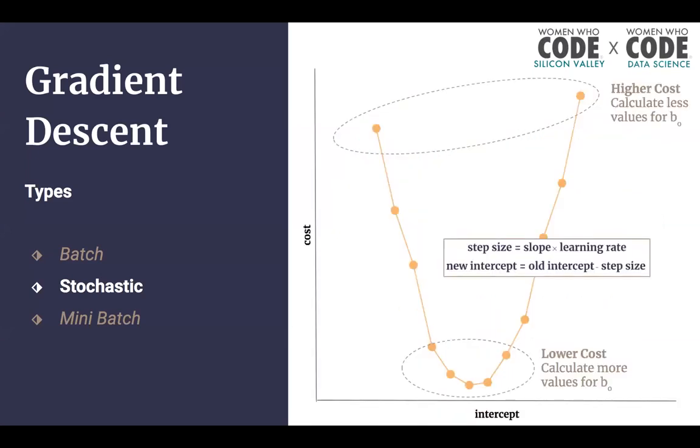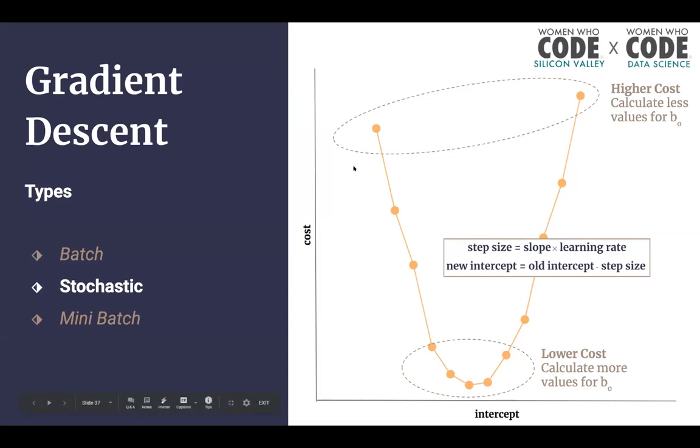If you see the diagram for this, the higher cost would be towards the top, lower cost towards the bottom. The procedure is basically that if it's higher cost, then I'm going to calculate fewer values in this area. I want to go down my steep path and calculate more values when the cost is lower.